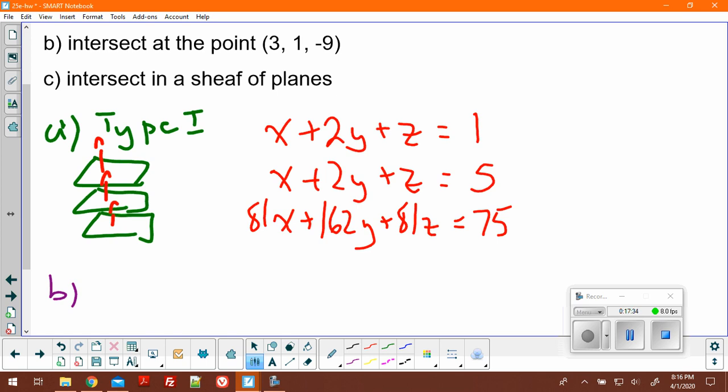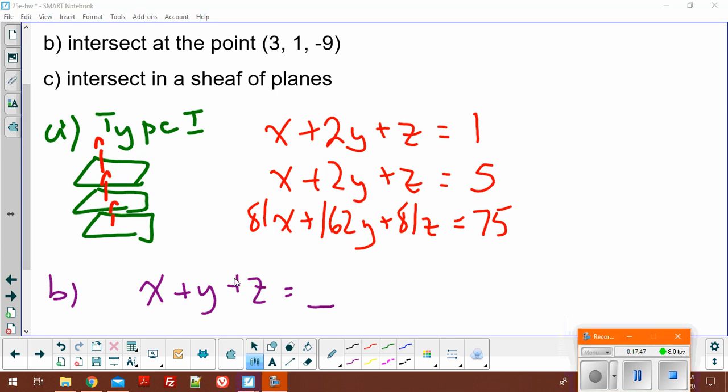If I had x plus y plus z equal to something, I want to make sure that this point is on this plane. I can use that information to figure out what the something is. If you think back to when we developed equations of the plane the first time around, we would plug in a point to figure out the value of d in the equation.